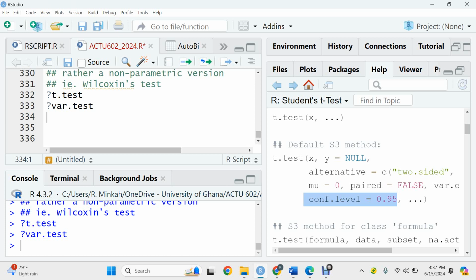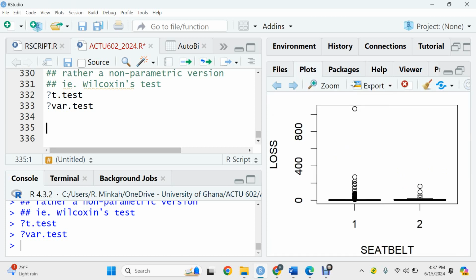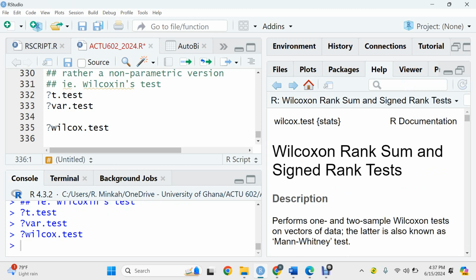But please let me finish my test before I go. What did we want to test? No, this one, the seat belt. Okay. So how do we do this? Well, it's the Wilcoxon test. So if you check here, it says Wilcoxon rank sum test. If you have done any test of hypothesis, we would have.